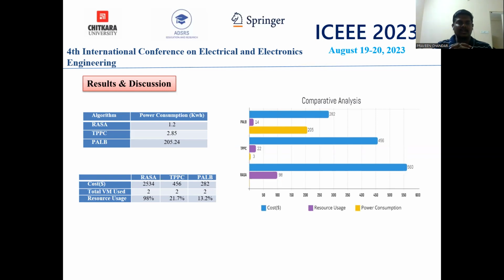In terms of power consumption, the RASA algorithm gives the minimum power consumption compared with the other algorithms. In terms of cost, PALB gives the better result, and in terms of resource usage, RASA gives the better one. So we take these as three different scenarios.